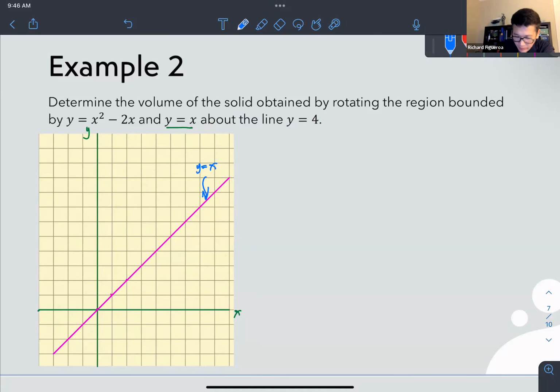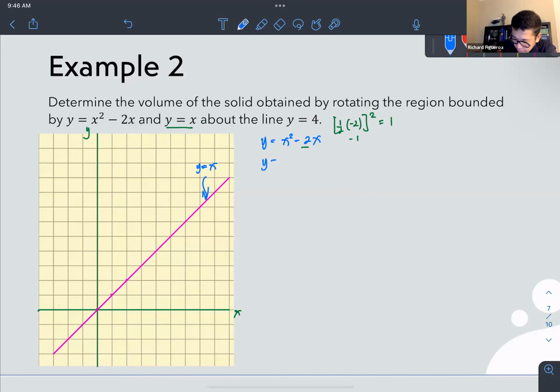And then the other one, we have the parabola. For the parabola, I need to find the vertex first. So y is equals to x squared minus 2x. To find the vertex, we use completing the square. We take half of the middle term, which is negative 2, then square it. Half of negative 2 is negative 1. Square it, that will be positive 1.